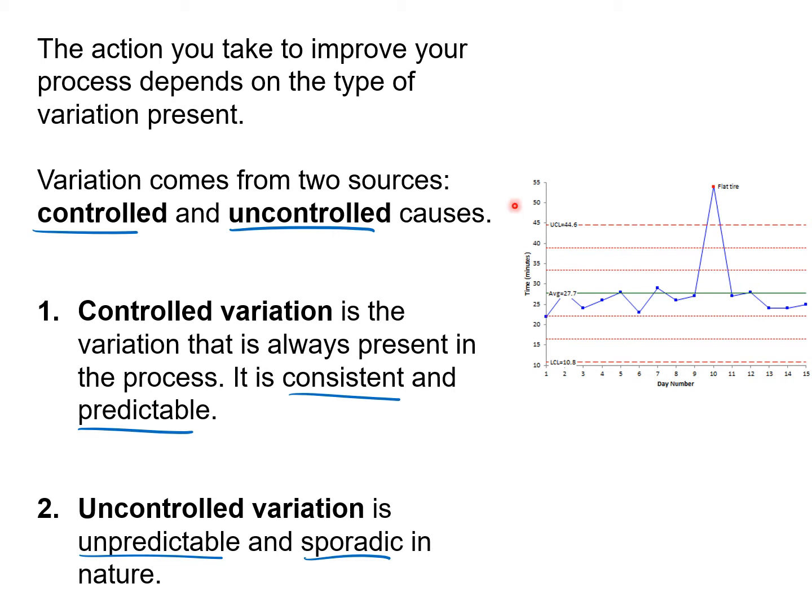In this particular example, this might be your commute to work. This person takes 20 minutes on one day, 26 or 27 minutes on another day, a little less, but every day, basically, they have the same amount of time they take to get to work, except for this day. So when you look at that chart, something crazy is going on. That's because on that day, they got a flat tire.